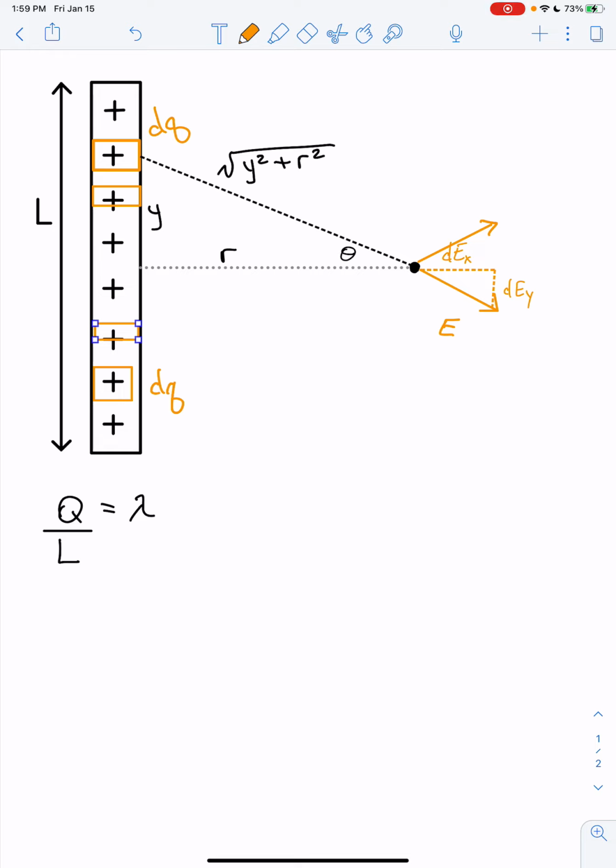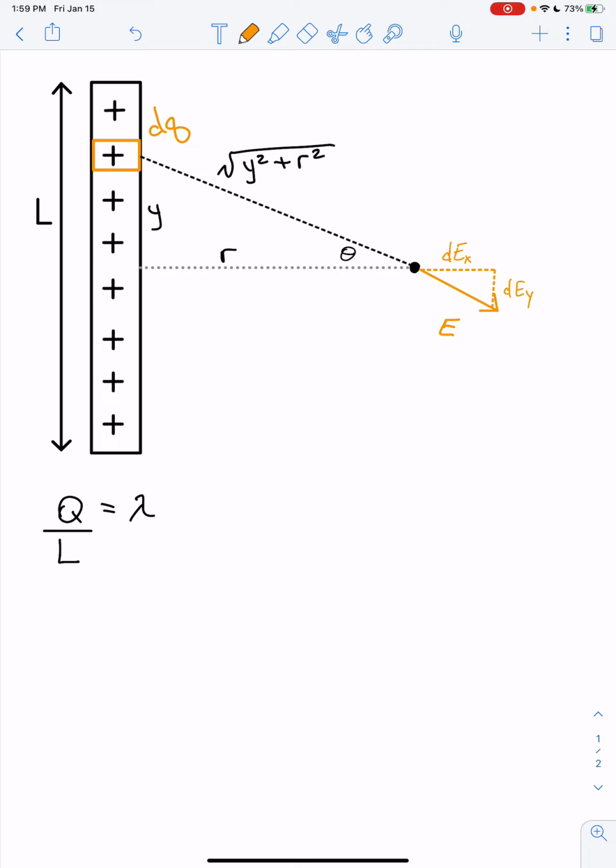And so the y components of all of these will cancel. And so the only thing left is going to be the x components. And so let's look only at the x component, knowing that that will be giving us the electric field overall.